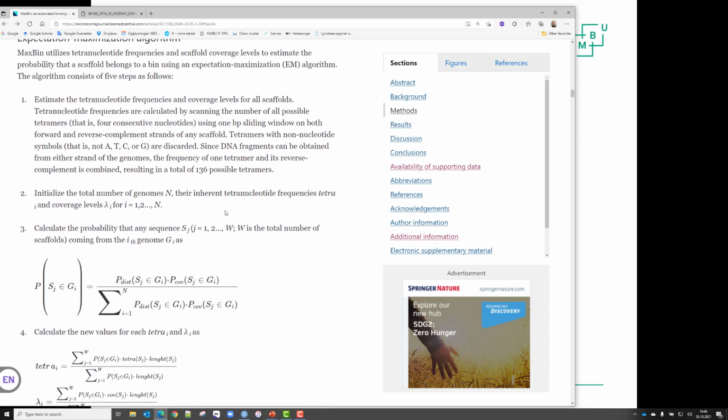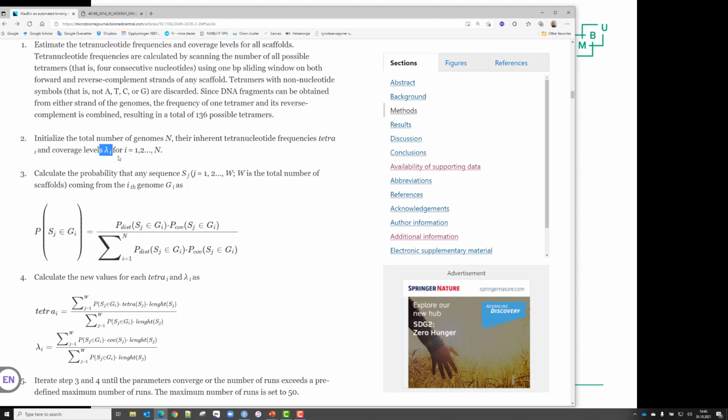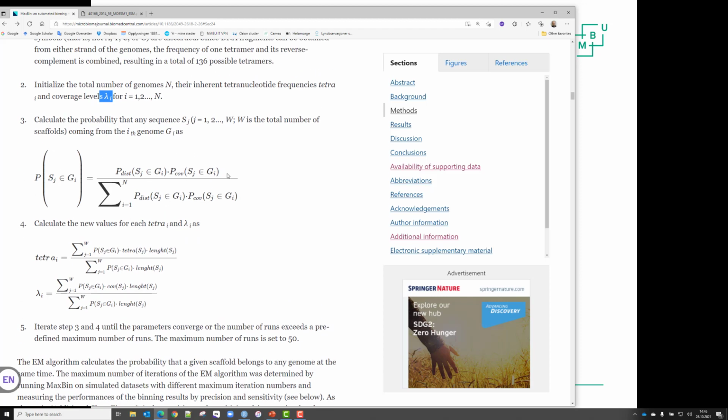So that means we now have decided on the number of bins we are going to split the contigs into, and we also have computed a tetranucleotide frequency typical for each bin and a coverage typical for each bin. And then this probability here is computed.